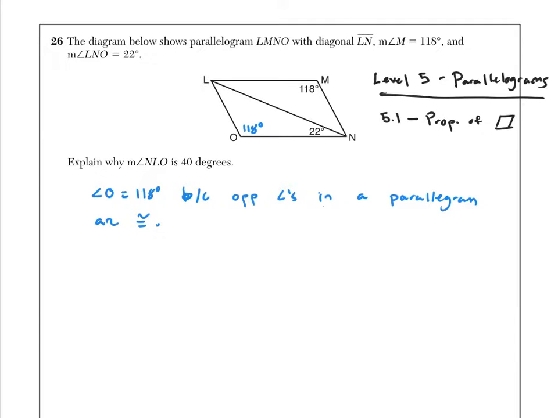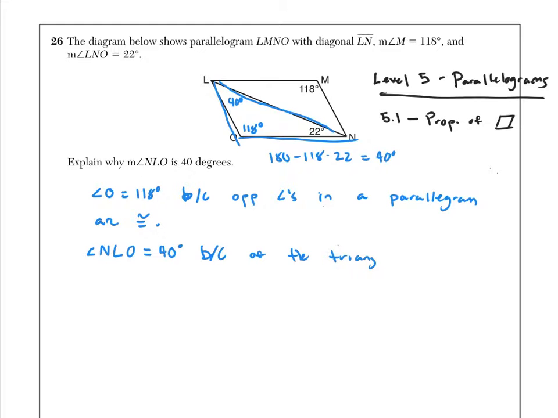All right. Now, once I have that done, I'm going to then say, well, I know that angle NLO is the one we're looking for, and that's also 40 degrees. And for that one, I'm using the triangle sum theorem, right? I'm just doing 180 minus 118 minus 22, and that gives you 40 degrees. So for that part of it, now that I've figured out angle NLO, I'll say angle NLO is equal to 40 degrees because of the triangle sum theorem.